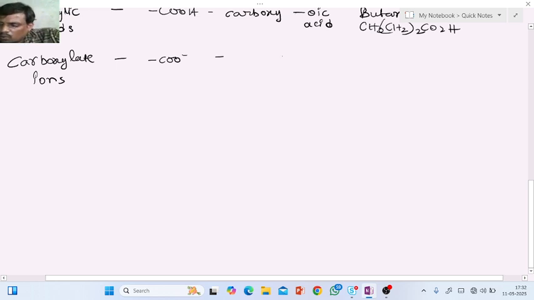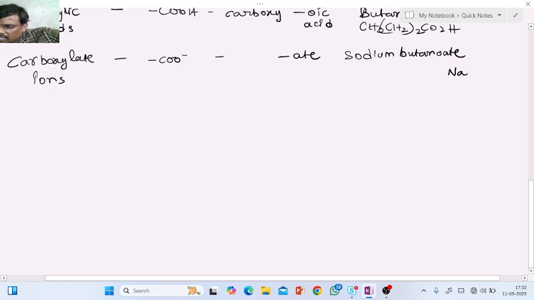Suffix -oate can be taken, and sodium butanoate is the best example. Sodium must be there at the end, and the butane group we have to add.